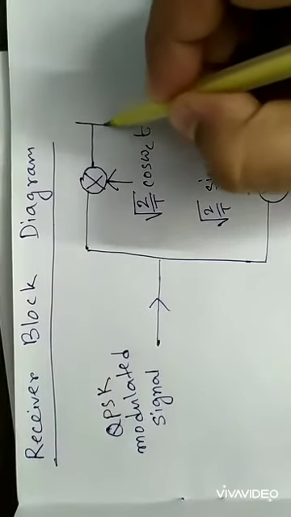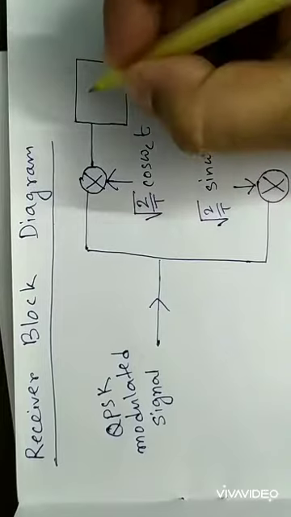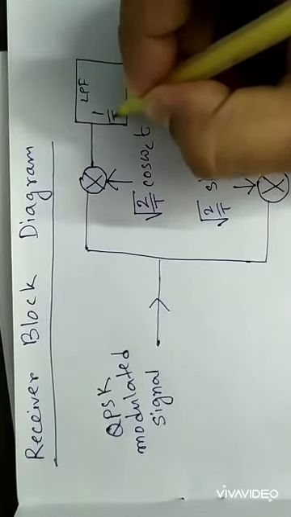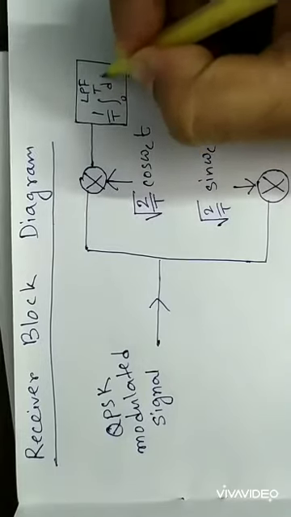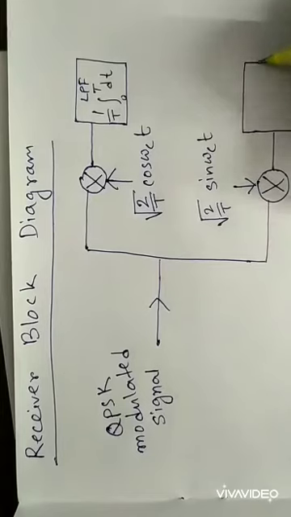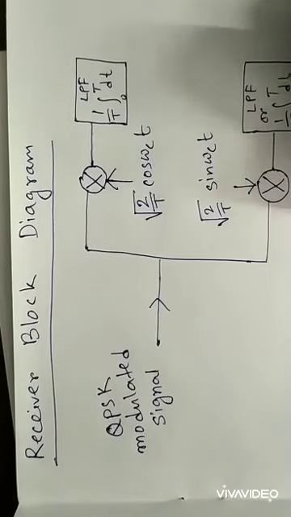Now you have a low pass filter or integrator, 1 by T integral from 0 to T dt. Here also you have a low pass filter or integrator, that means 1 by T integral from 0 to T dt.